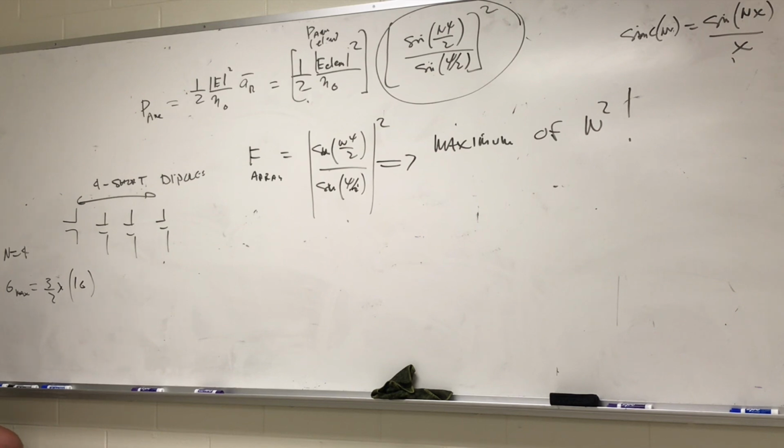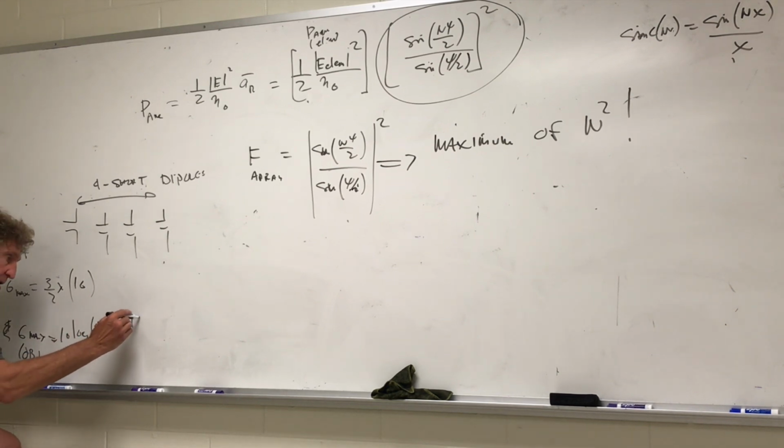That's a lot. What would it be in dB? Call it G max, but I want it in dB. 10 times the log, that's a base 10 log, of 3 times 16 is 48 over 2, right? 24. So what's 10 times the log of 24? So 13.8 dB.